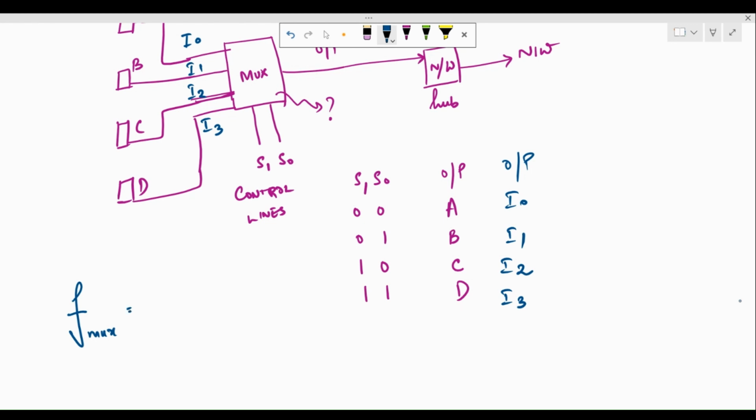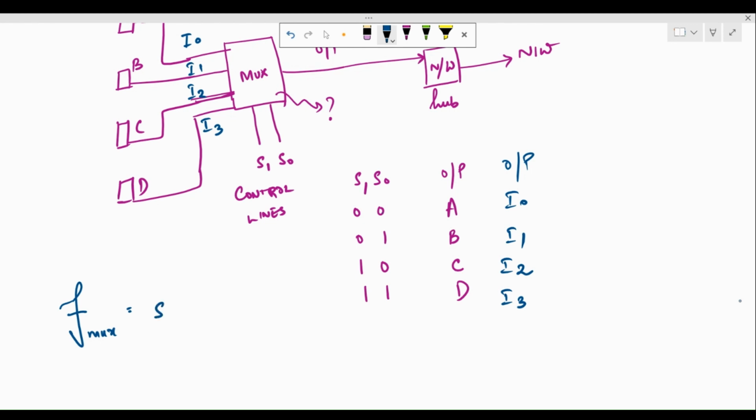When S0, S1 are 0, 0, the output is I0, or when S0, S1 is 0, 1, the output is I1, or when it is 1, 0, it is I2, or when it is 1, 1, it is I3. In either one of these cases, we are going to have an output from the multiplexer.